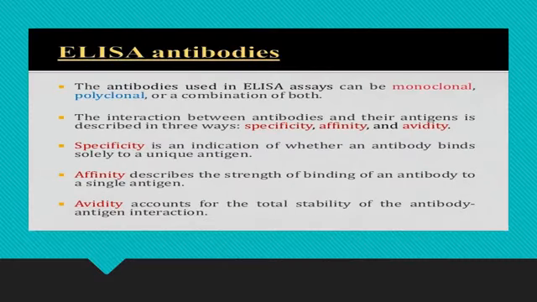The antibodies used in ELISA assay can be monoclonal, polyclonal or combination of both. شنو الفرق بين المونوكلونال and polyclonal؟ المونوكلونال antibodies can recognize a single antigen a single epitopes on the antigen. نعرف الانتيجين بها different epitopes. المونوكلونال antibody can recognize a single or unique type of epitopes on the antigen, whereas the polyclonal antibodies can detect different type of epitopes on the same antigen.